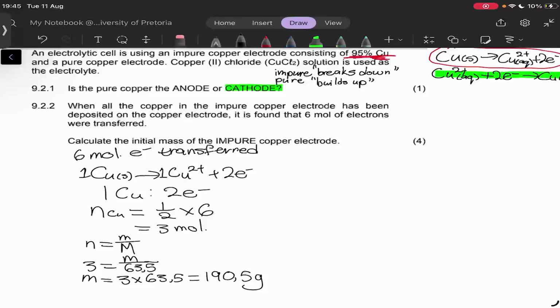Try calculate the initial mass of the impure copper electrode. When you guys get your answers, please post them in chat.